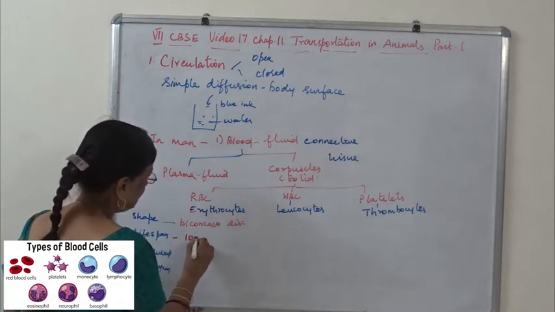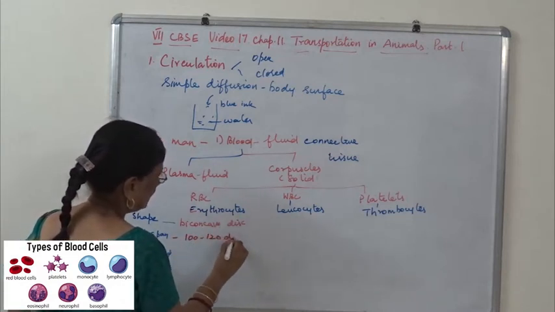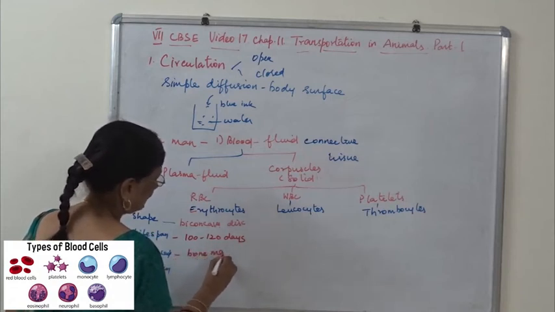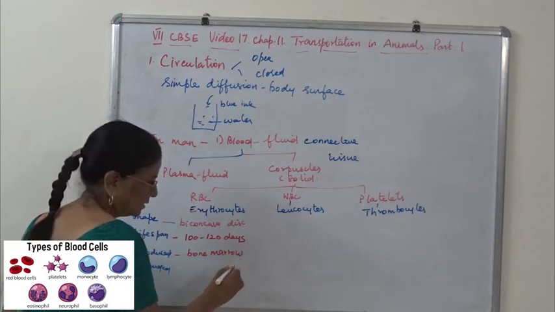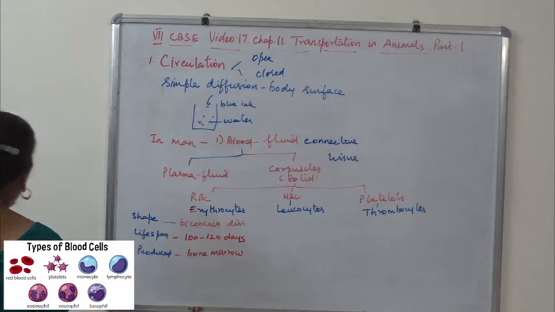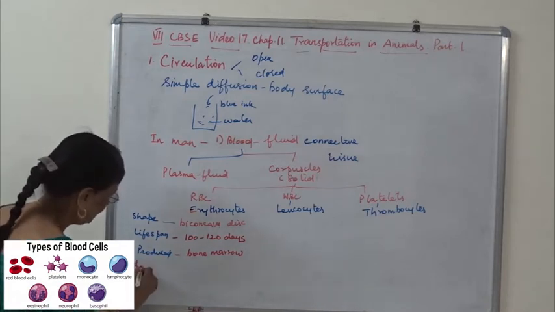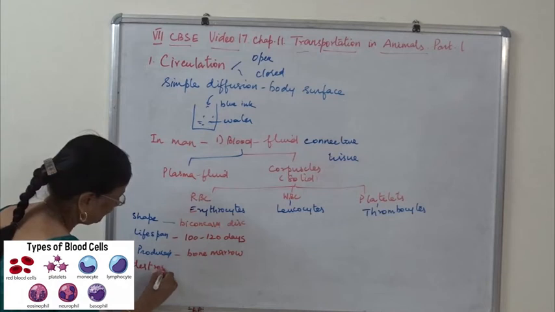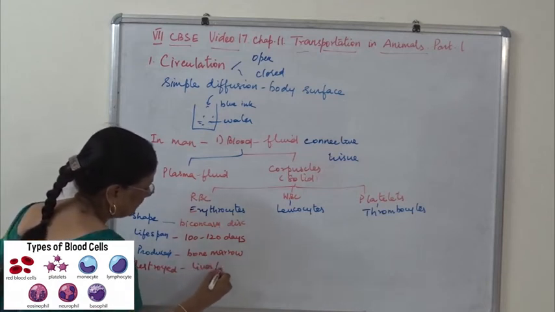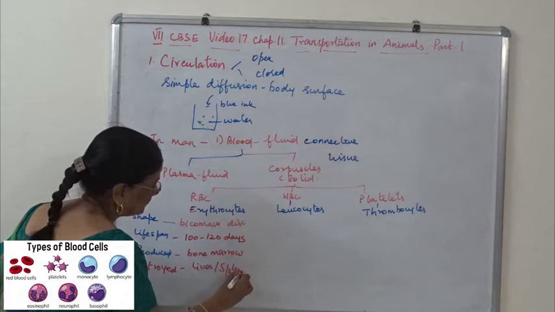Lifespan is 100 to 120 days. It is produced by bone marrow and destroyed in the liver and spleen.